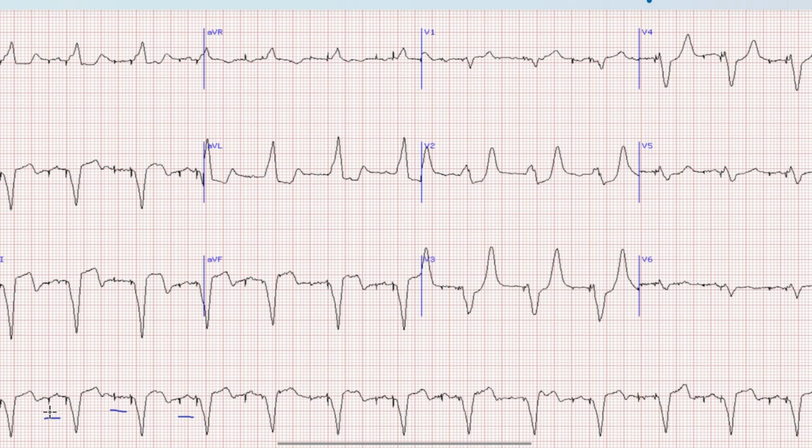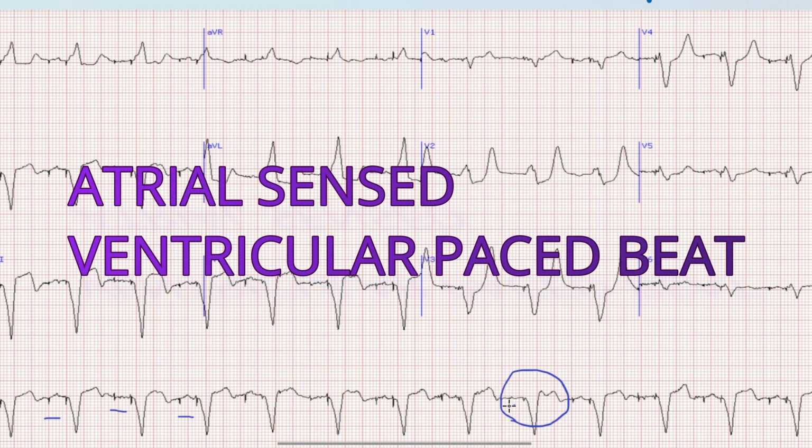So we can see that there is A pace, V pace, again atrial pacing and ventricular pacing, except for this beat where you can see that the P wave is not being preceded by an atrial pacing spike, while there is a spike before the QRS complex. So we call it an atrial sensed and ventricular paced beat.